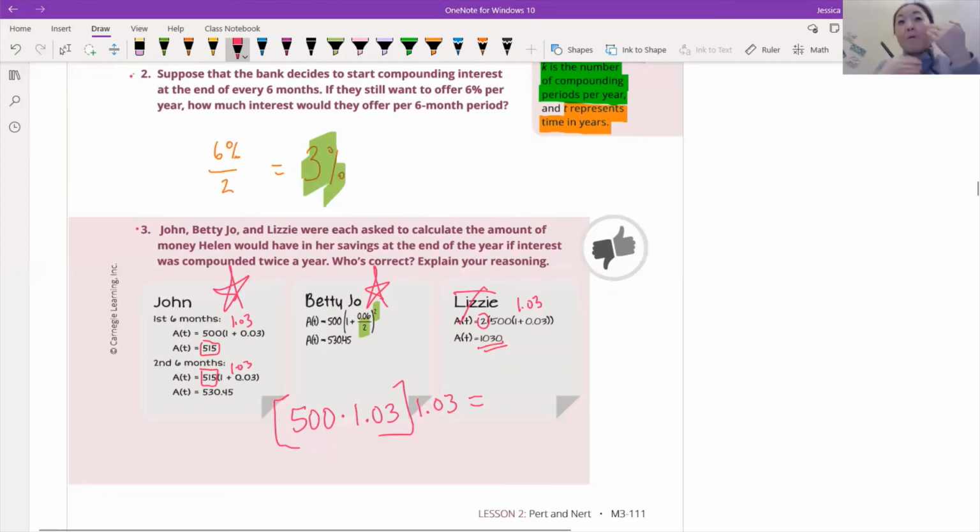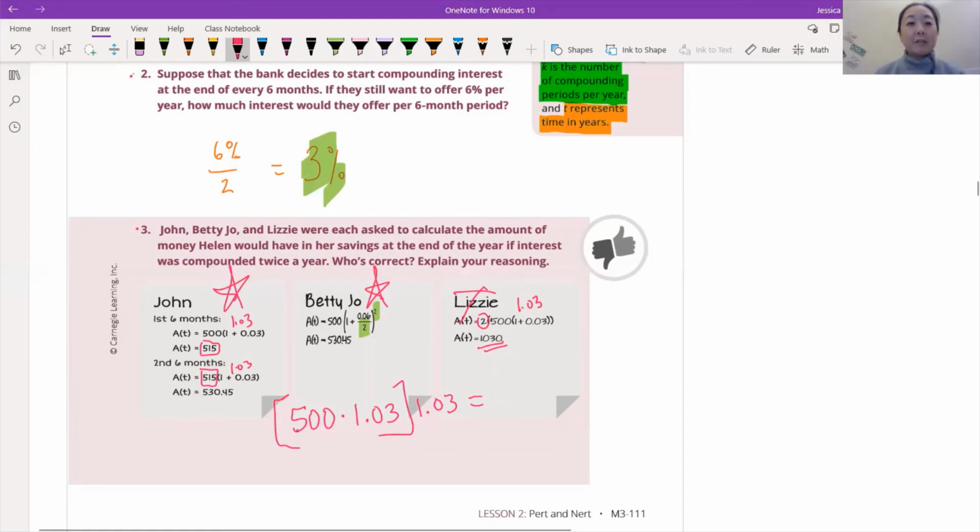You can actually get more money that way if you're compounding it twice a year as opposed to once a year. Not by much, it's like 45 cents, but still, it's more. Could you imagine if instead of $500, it was $1,000 or $10,000? Then that difference would be bigger.